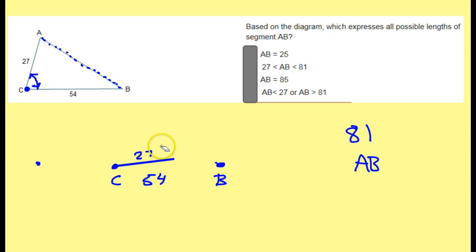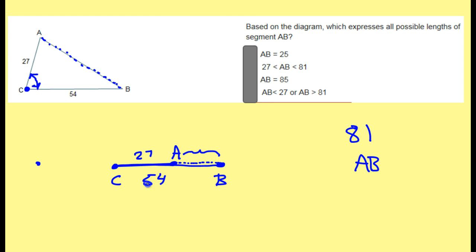Whoops, didn't mean to do that. So imagine I take this 27 and I just flatten it right out, right onto the line. So now here is point A. And I'll put a little dotted line here to show the length from A to B. So look, if the big distance from C to B is 54, and the smaller distance from C to A is 27, what is the distance from A to B?